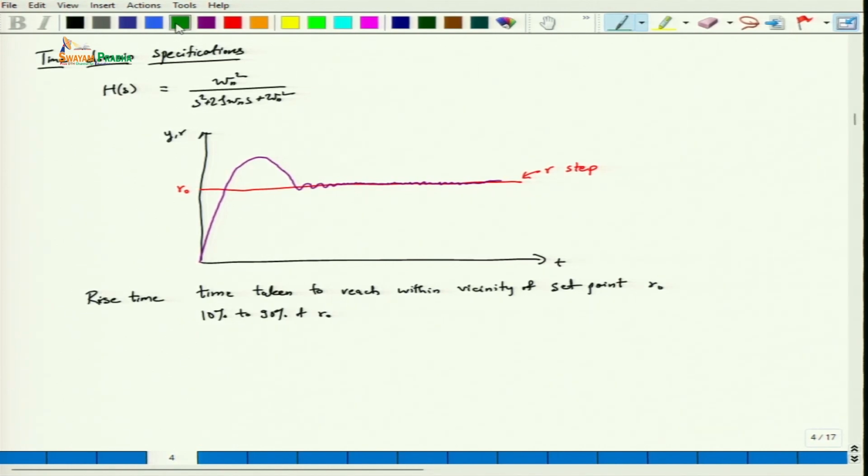So, basically what we will do is consider 0.1 R naught and 0.9 R naught, that is 10 to 90%, and we will take the corresponding time, and this time is basically rise time denoted as TR.